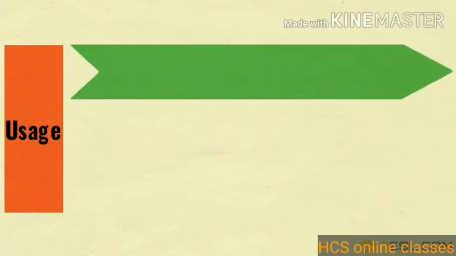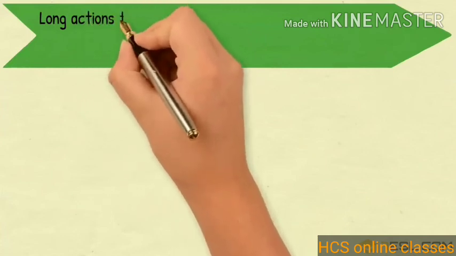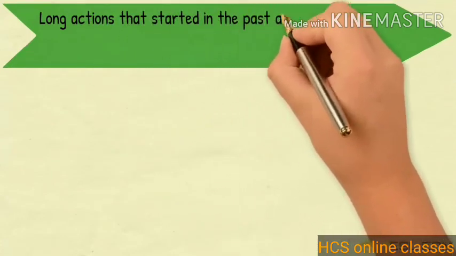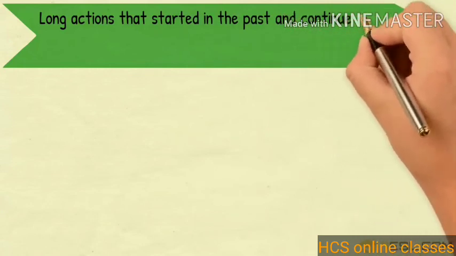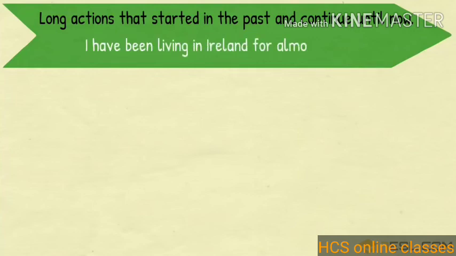Now let us see the usage. It is used for long actions that started in the past and continue until now. I have been living in Ireland for almost 4 years.